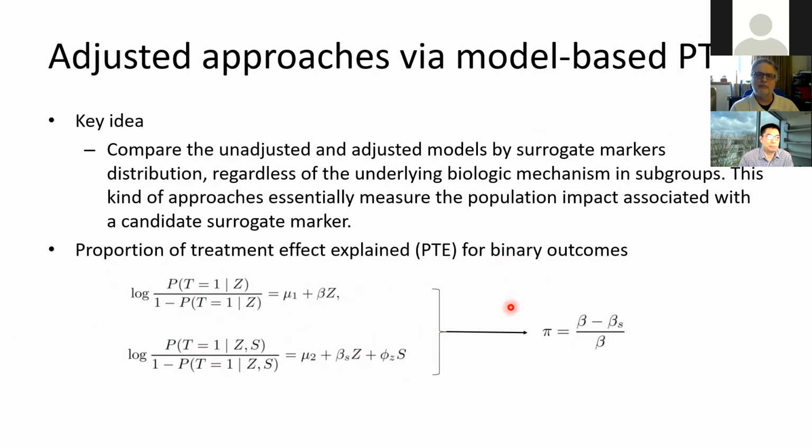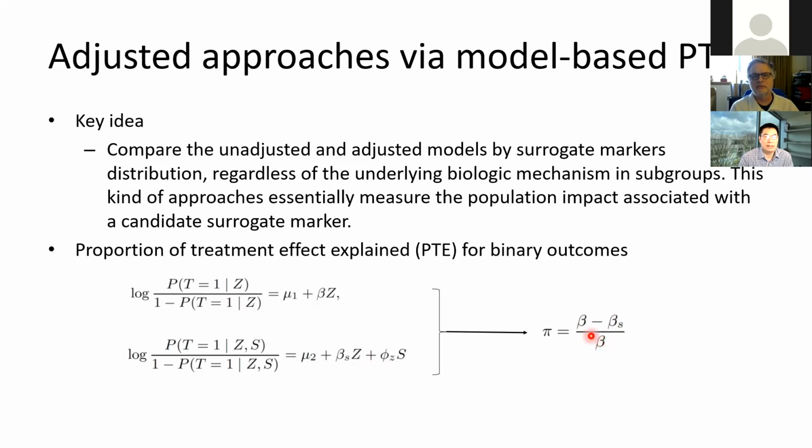Fit the two models and get the regression parameter estimates, say beta in the model with intervention only, and beta S and phi Z in the model with both intervention and surrogate markers.